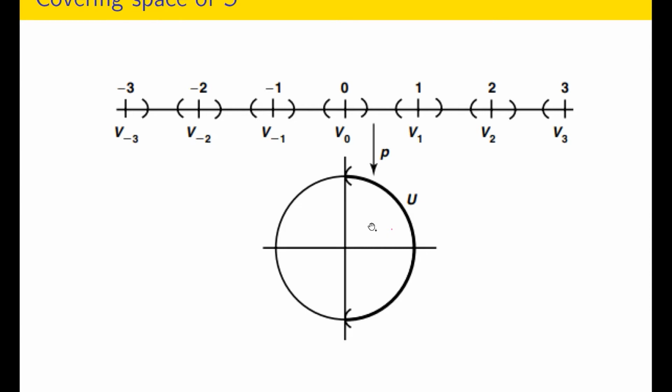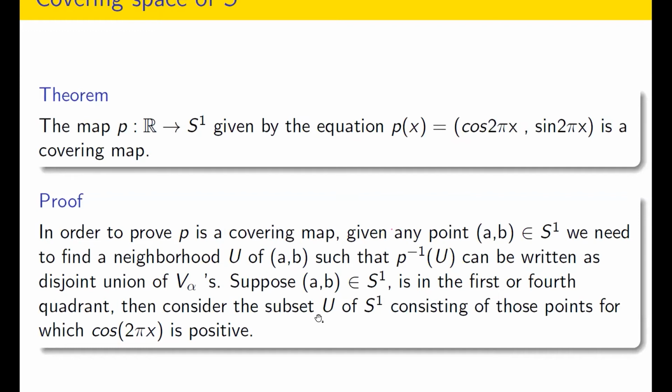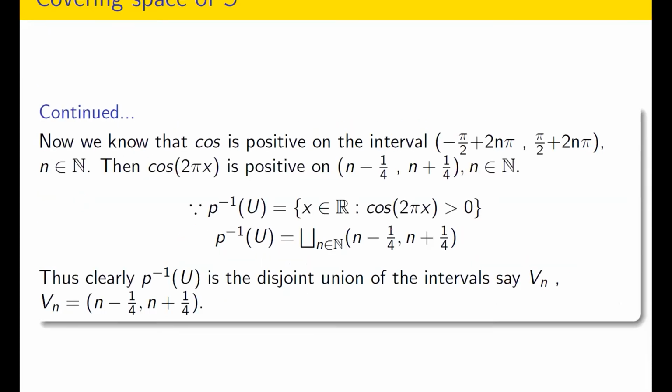How can we describe that U? U will be the subset of S1 consisting of those points for which cos 2 pi x is positive. Every point in S1 we can write as (cos 2 pi x, sin 2 pi x), and since it is on the right side, the first coordinate will be positive. So I consider that subset U of those points in which cos 2 pi x is positive. Now what do I have to show?